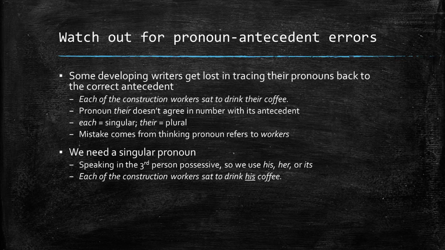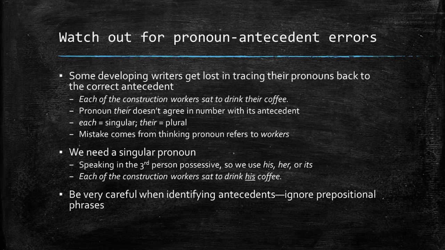And it's most likely that these are men being construction workers, so his is probably most correct. Each of the construction workers sat to drink his coffee. Be very careful when identifying your antecedents as you write. In case you ever run across something that's kind of tricky like this, always ignore those prepositional modifying phrases.